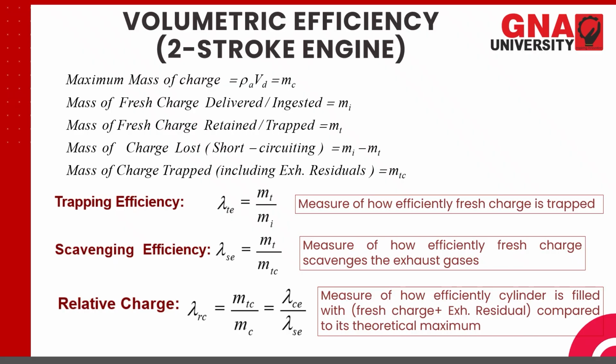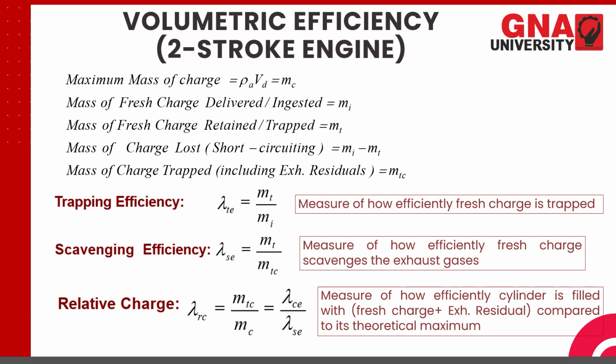Then the final ratio is called relative charge. It is represented by lambda RC, and it measures how efficiently the cylinder is filled with fresh charge and exhaust residual as compared to its theoretical maximum.